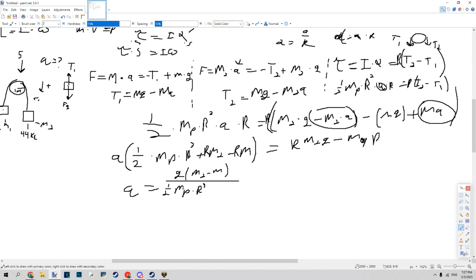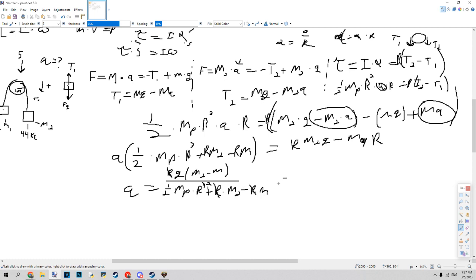So 1/2, right, and this has a radius. So that 1/2 mpr cubed stayed the same, plus the radius by the second mass minus the radius by the first mass. And now we can cancel out all these radii, and this 3 would become a 2.